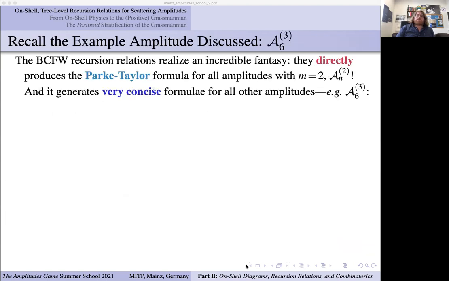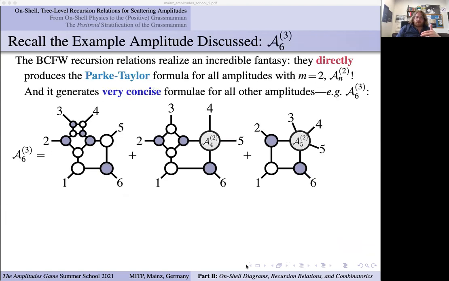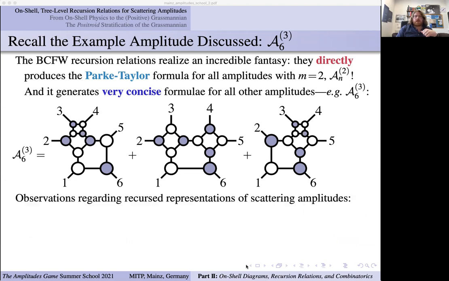And we saw that the recursion relations gave very concise formulas for non-trivial amplitudes, beyond the Parke-Taylor example. For example, this m equals 3 6-particle amplitude where you have 3 in and 3 out. Again, just flip the signs to make it 2 to some number if you'd like.